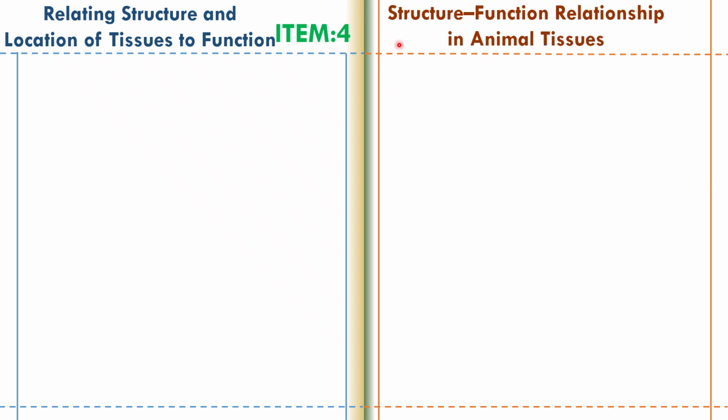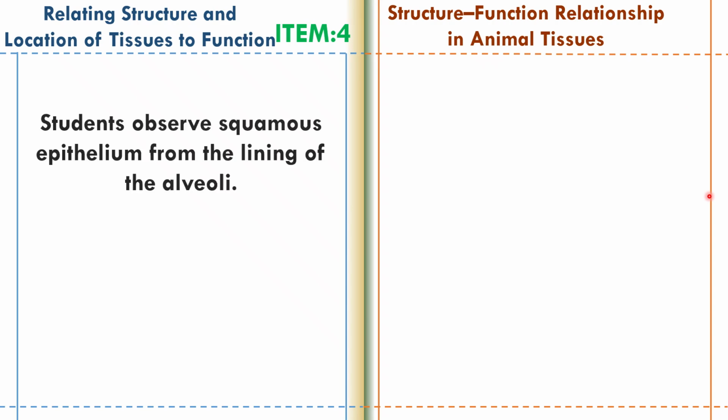Relating structure and location of tissue to function. Item 4. We are looking at the structure and function relationship in animal tissues. Students observe squamous epithelium from the lining of the alveoli.